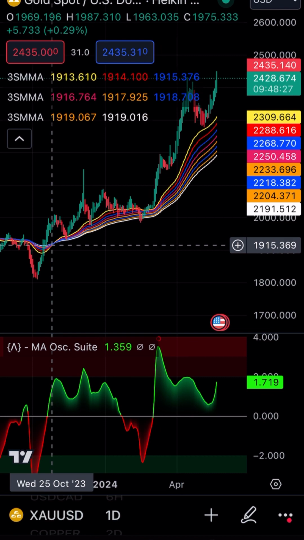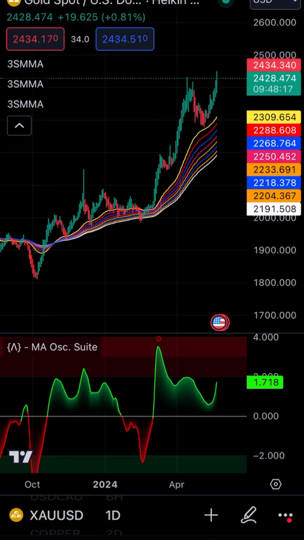So gold has been going up. Gold has been pretty much bullish since October 25th. So we know the direction. We look at the day to figure out the overall direction of where it's going. So we know the direction is going up.